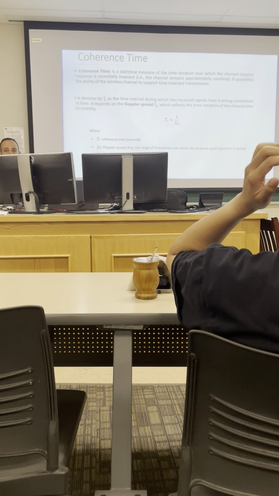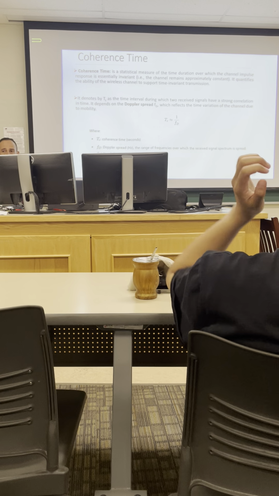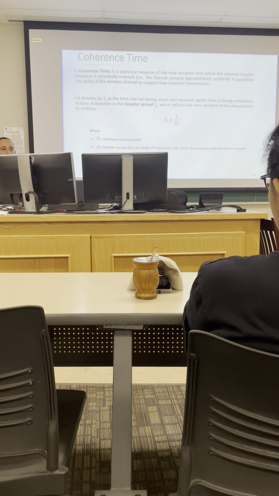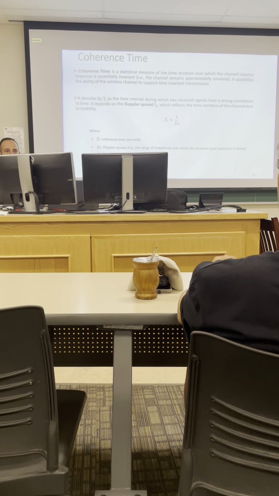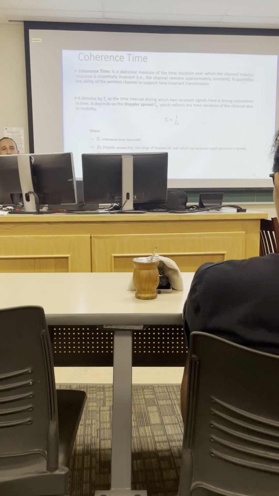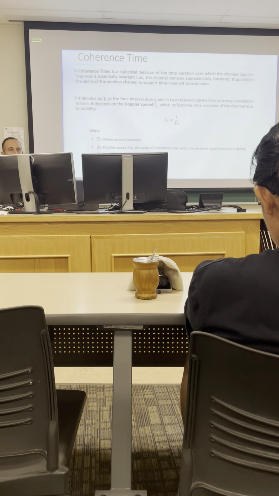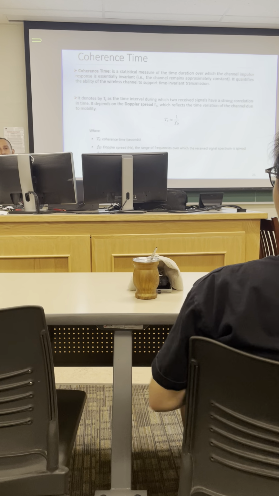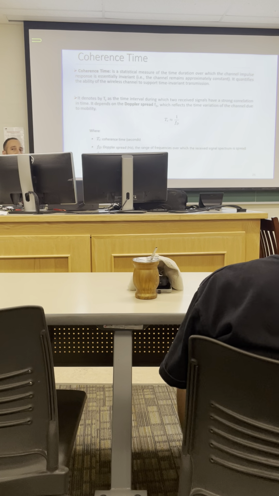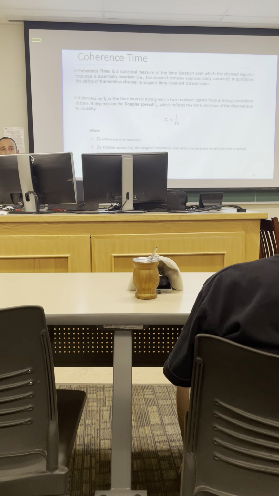If we make some communication here in this room, we will have certain channel properties or statistical behavior. Statistical means randomness, right? Because again, the channel is random. Why is it random? First of all, I don't know how many objects there are; the objects might be moving, the transmitter might be moving, the environment itself might be changing over time.